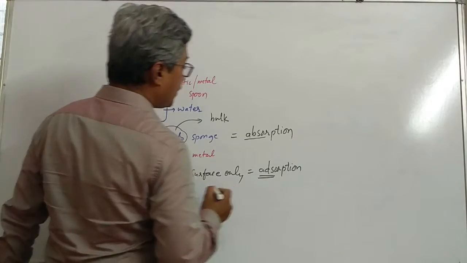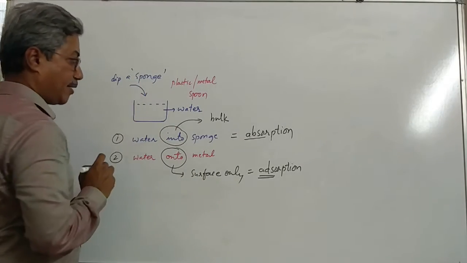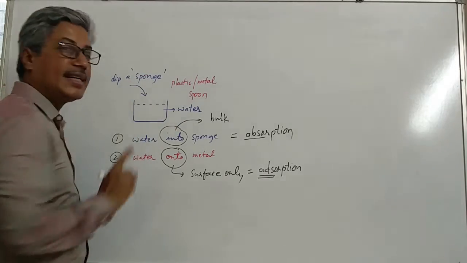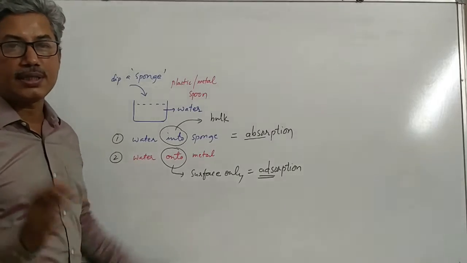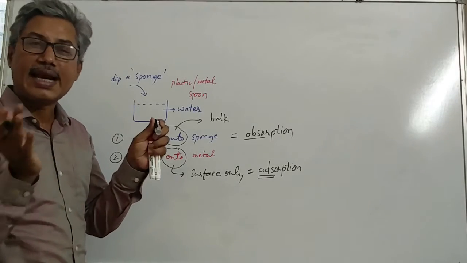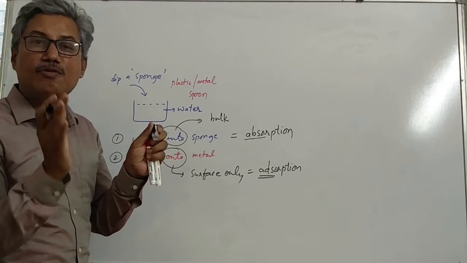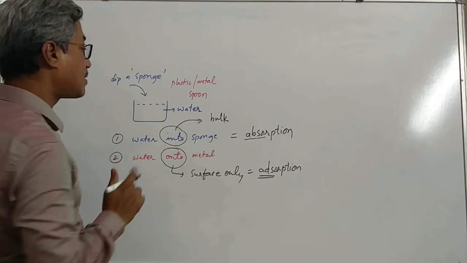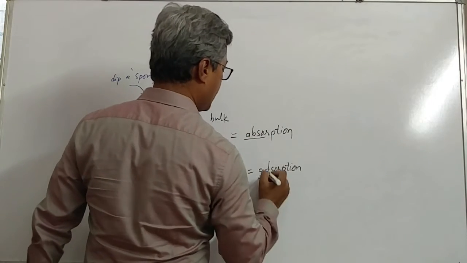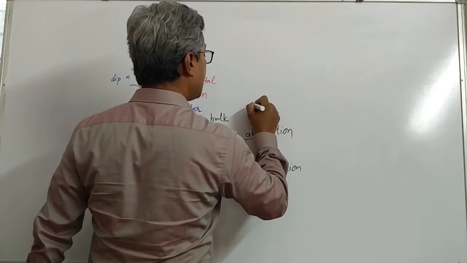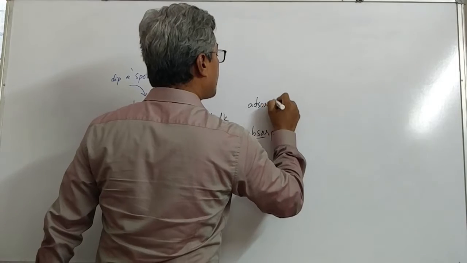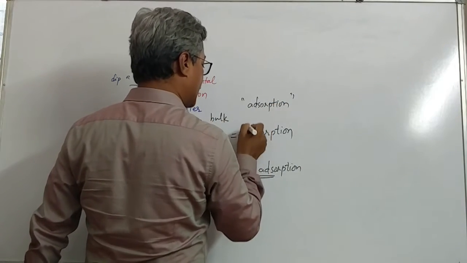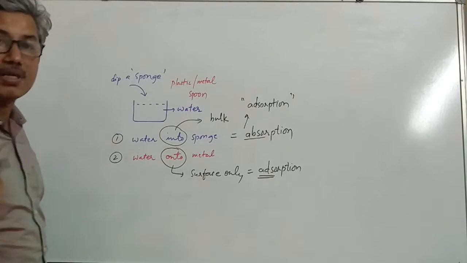Okay. Now, let us come to this original statement. Before water enters into the body of the sponge, water should touch the surface of the sponge. That means before absorption, adsorption must occur.